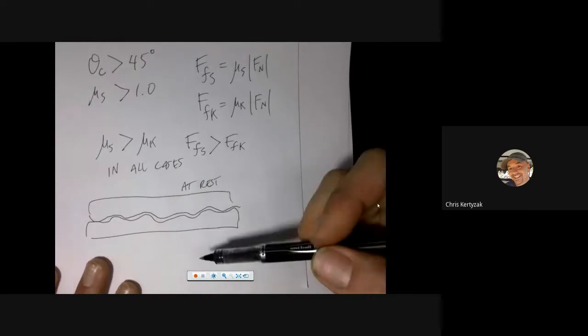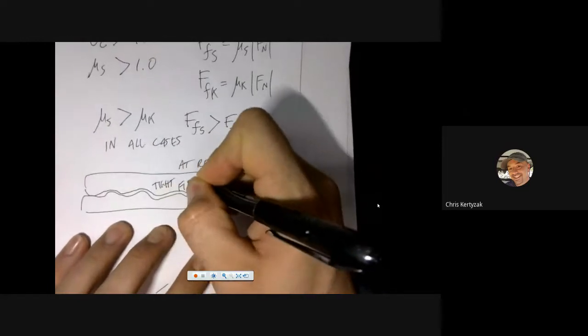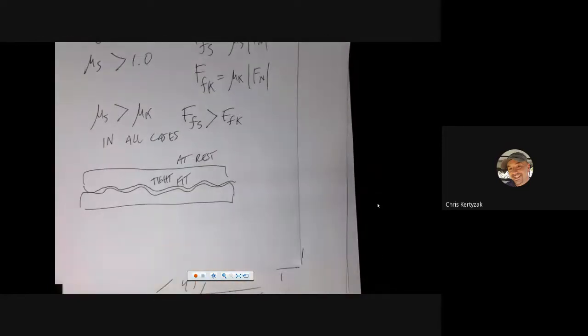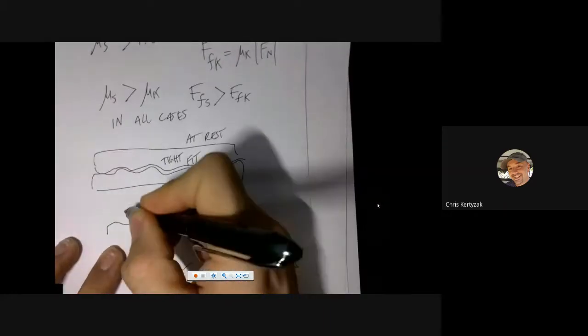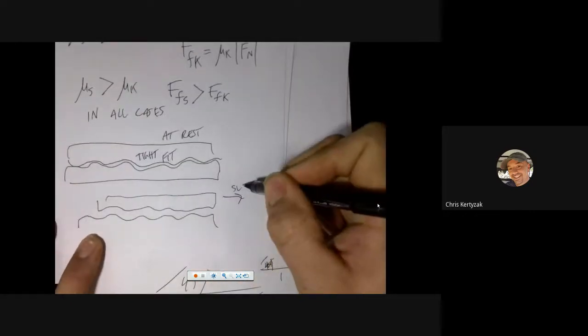So what I was pointing out is the reason is that, again, when they're at rest, it's a tight fit. And that tight fit causes just more friction, more traction. On the other hand, when something is sliding, if this thing was sliding along like this, there's not a tight fit.